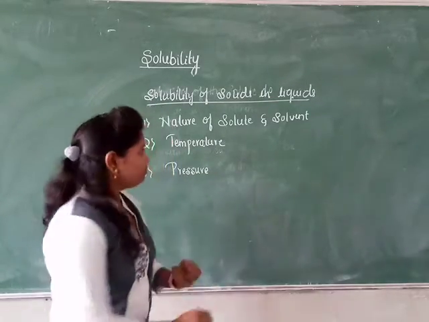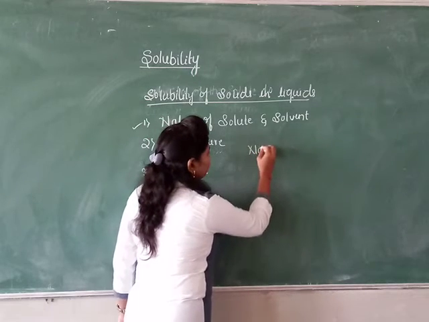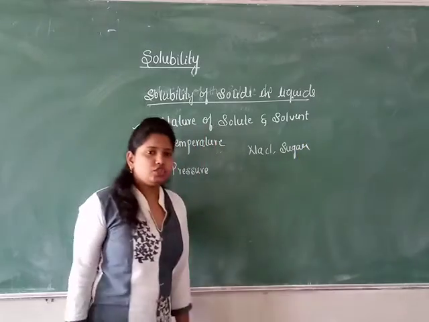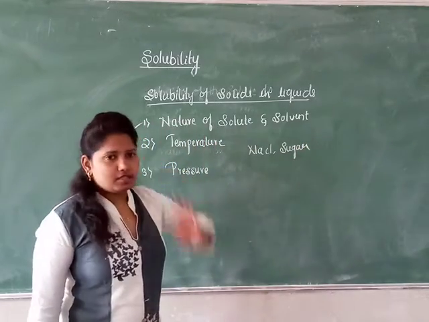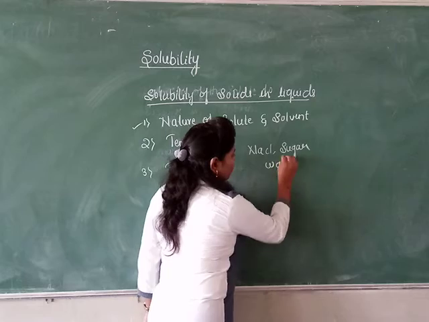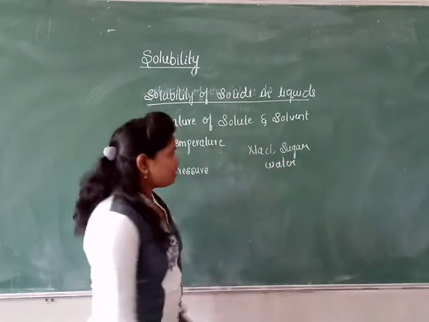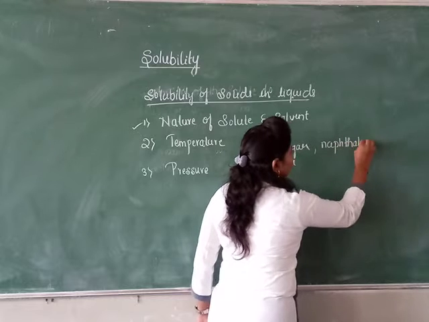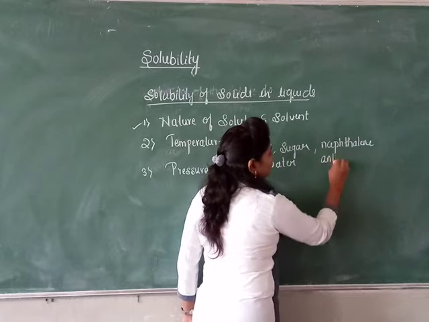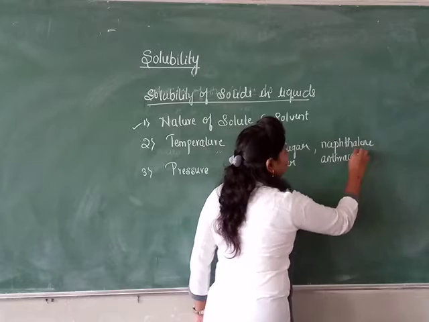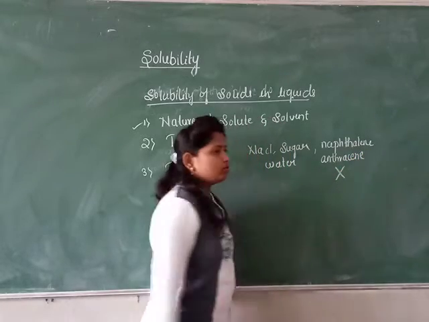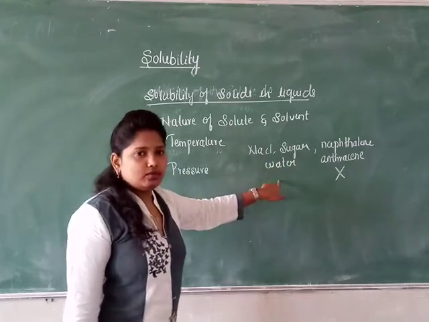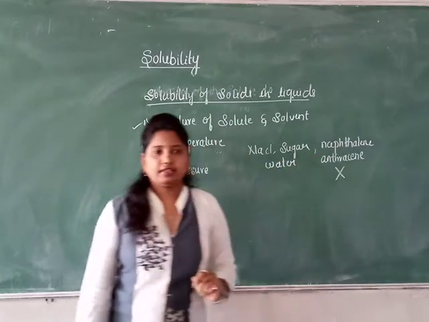For example, sodium chloride and sugar dissolve in water, whereas naphthalene and anthracene do not dissolve in water.